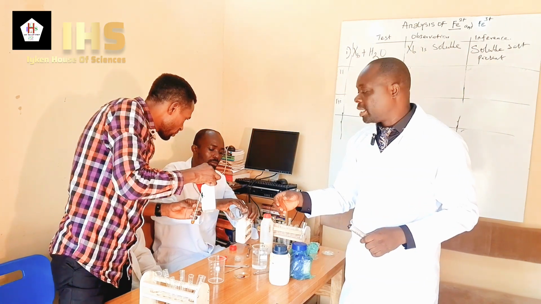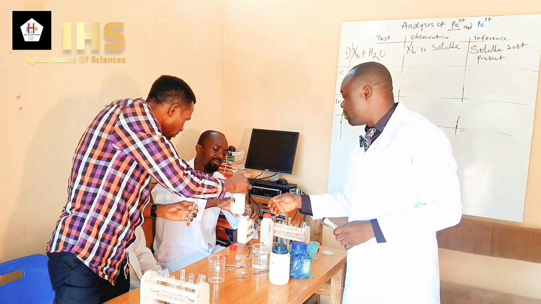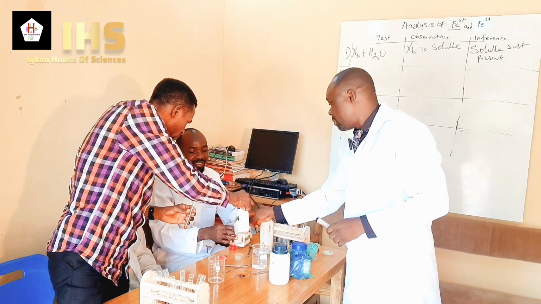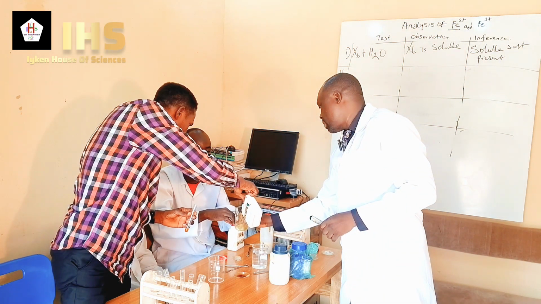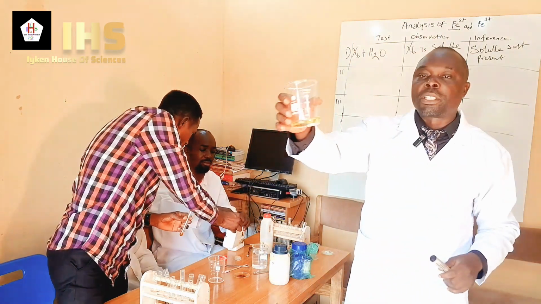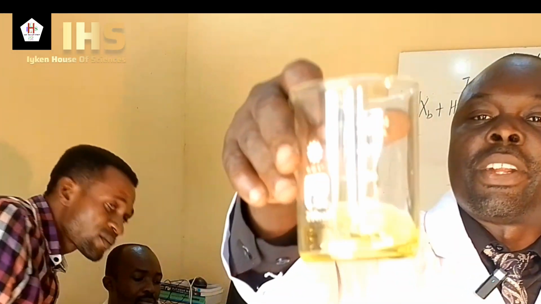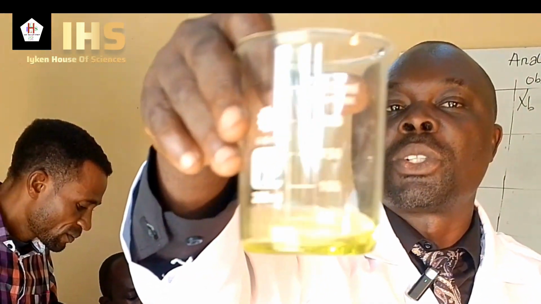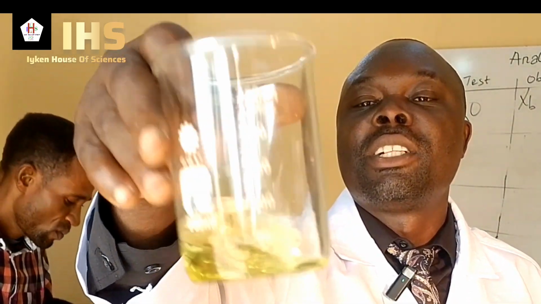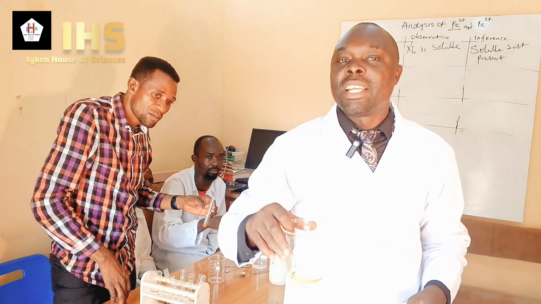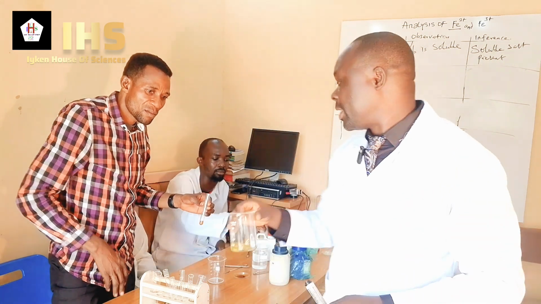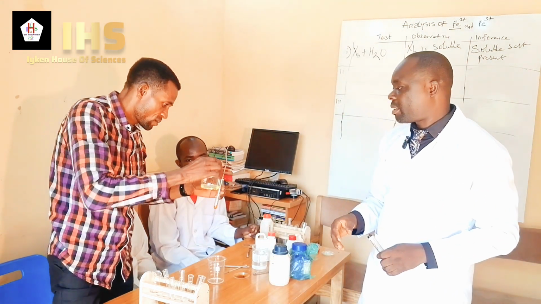Let my viewers see the color of the potassium hexacyanoferrate. Put it here. This is the color of the potassium hexacyanoferrate. Then we are going to add it to iron 3 to see the color we are going to get.